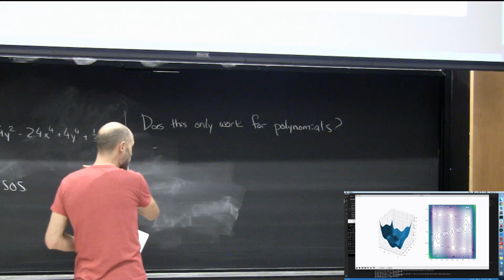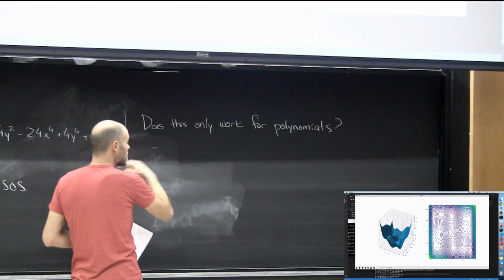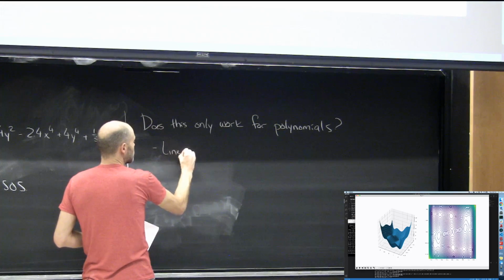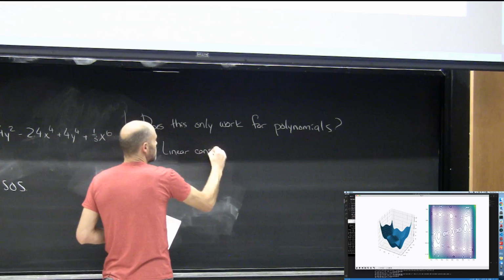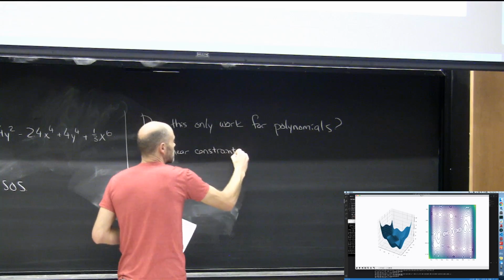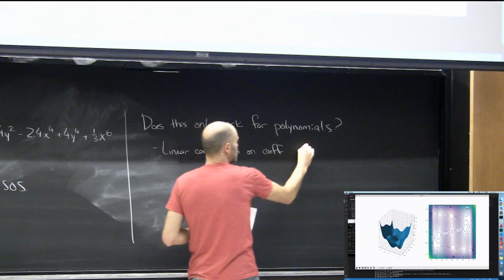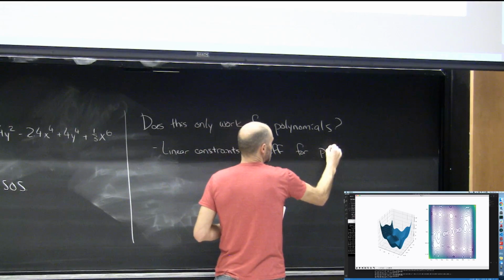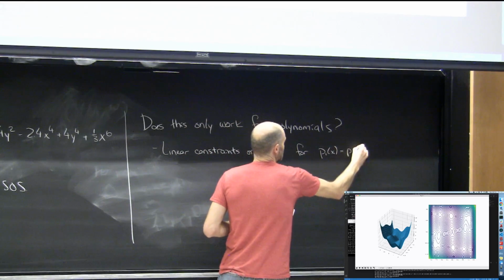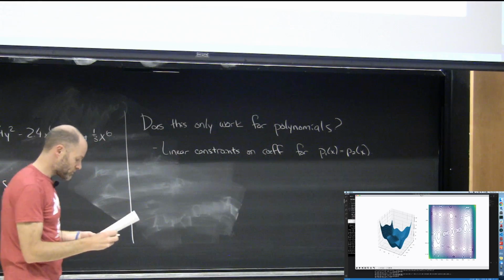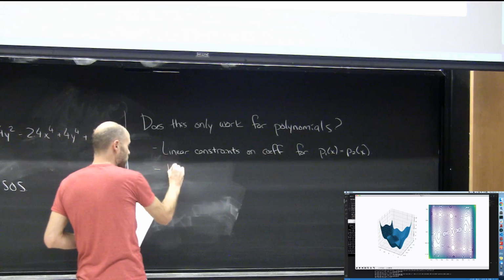So one thing is that equation matching is linear constraints in the coefficients. That's a big one. And then we know the basis functions.